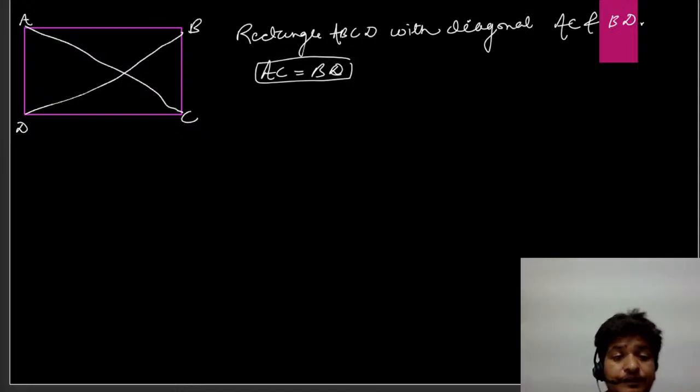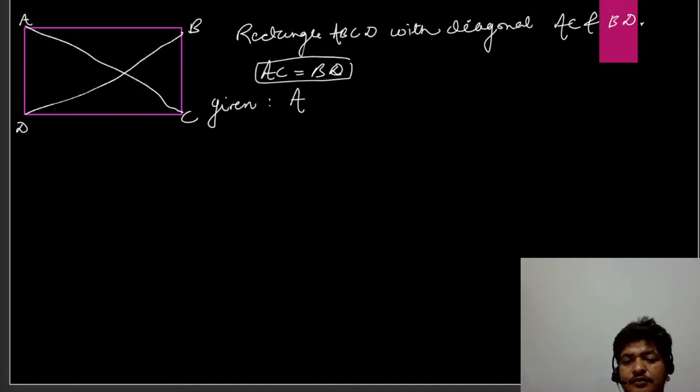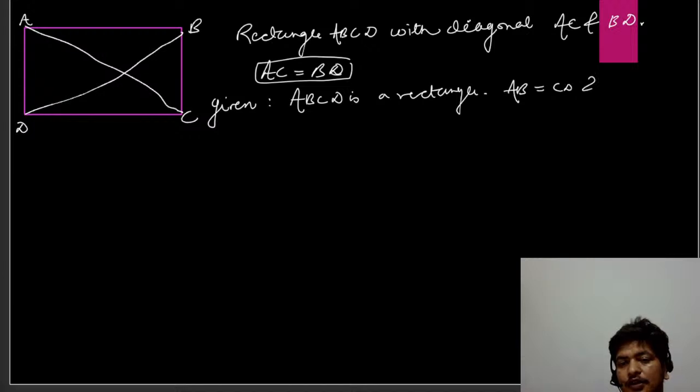AC and BD will come in the triangles ACD and BCD. सो सबसे पहले क्या करेंगे, गिवन लिखेंगे हम लोग। ओके, गिवन क्या बोलता है, that is ABCD is a rectangle which states that AB is equal to CD and AD is equal to BC.